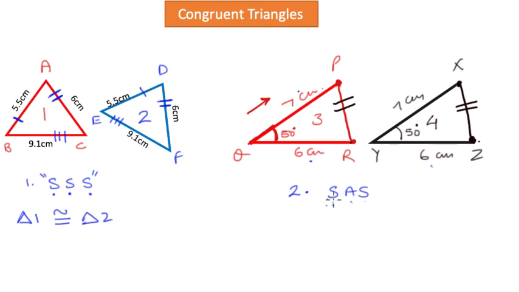In other words, we just proved through our discussion that SAS is essentially equal to SSS. It is just another way of defining these two triangles.